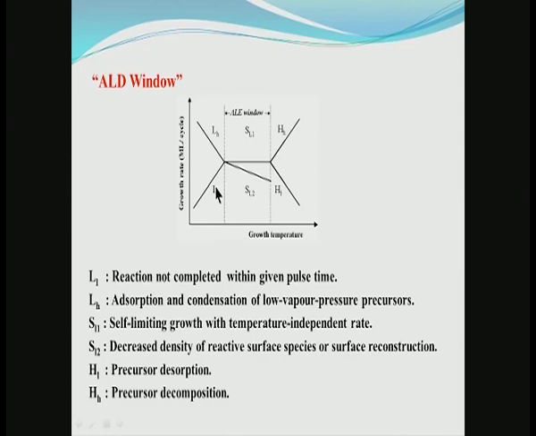At low temperature, for example in this lower branch, the reaction is not completed in the given pulse time. Therefore, as the temperature increases, the reaction rate increases and the growth per cycle increases. Now, on the upper part of this particular branch, what we have is a reduction in the growth per cycle as a function of increasing temperature.